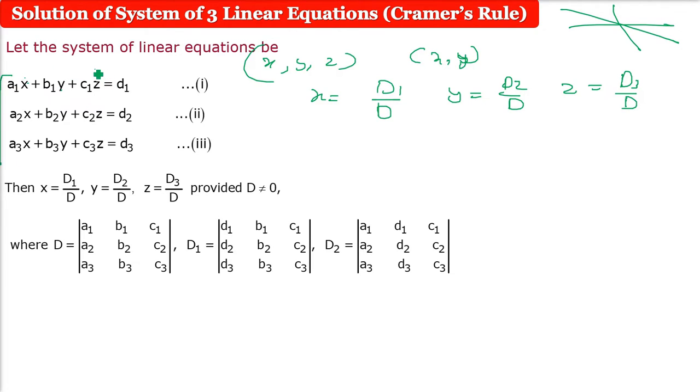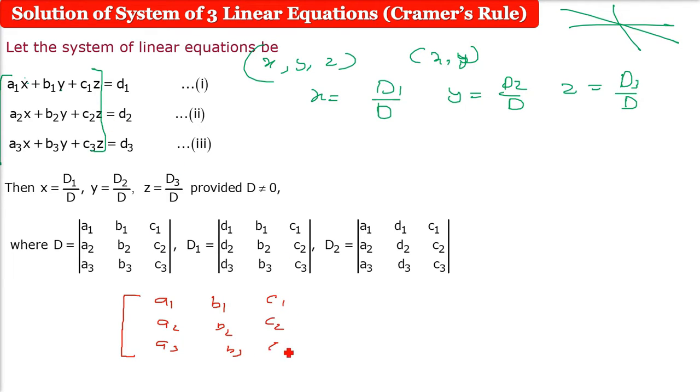So this is the whole matrix, or you can say the determinant of this matrix, that will be D. So I am writing D, and I'll tell you how to write D1, D2, D3. So I am writing A1, A2, A3, B1, B2, B3, and C1, C2, C3.